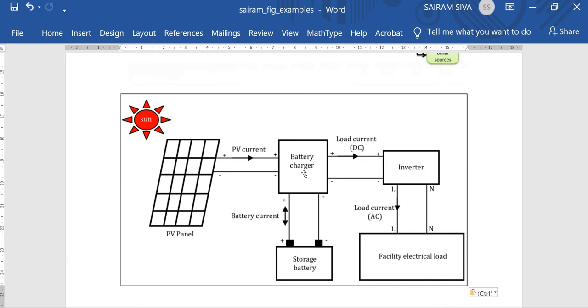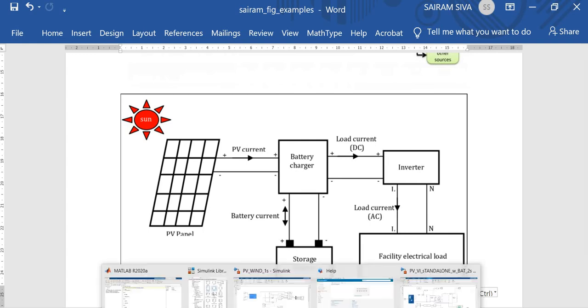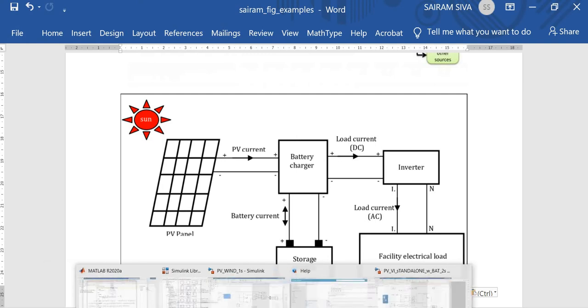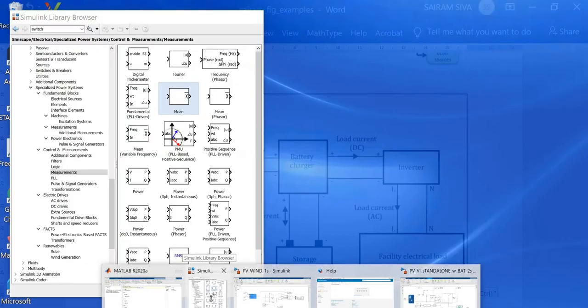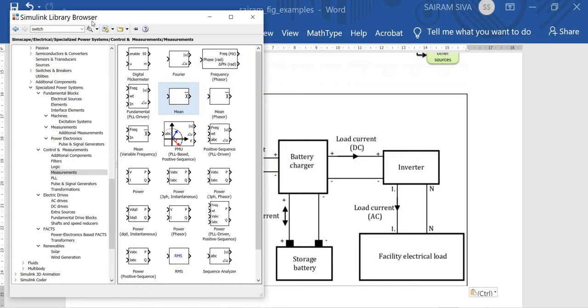Now we are going to draw this circuit in a MATLAB simulation file, as per what we have seen earlier. Now we are going to see the Simulink browser. In my earlier video, we already saw how the Simulink browser opens with an untitled page.